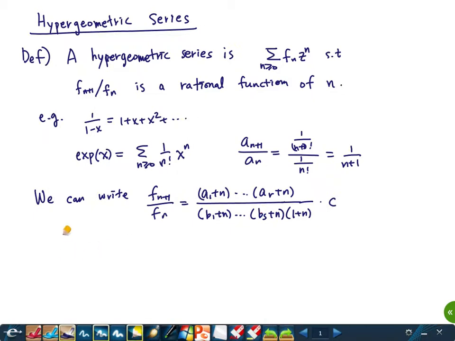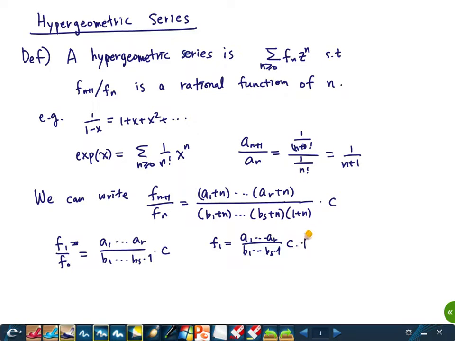So what is f1 then? f1 is a1 through ar, b1 through bs, times 1 times c, times f0.